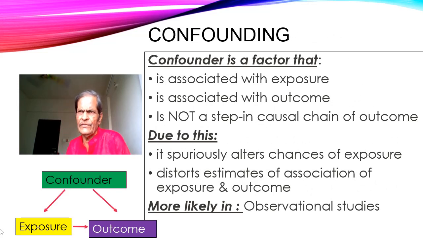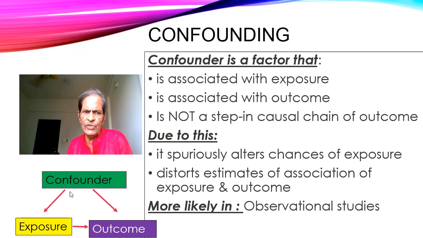The confounding is a type of bias. Some people consider it a type of bias, some people consider it a separate entity and not a bias. We are trying to show an association between, say, an exposure and an outcome. A confounder is a third factor which is associated with the exposure.